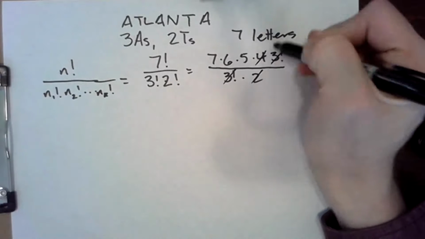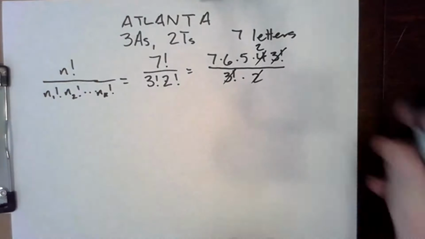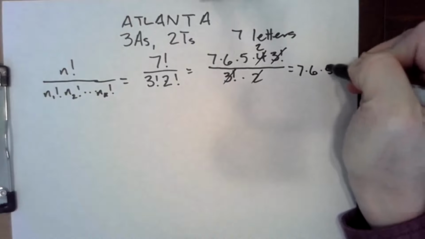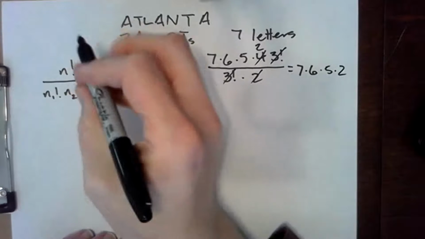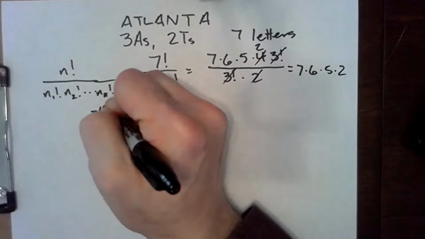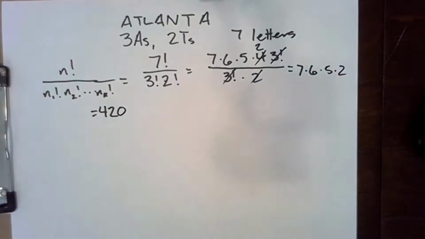I'll cancel one of those 2's in the 4, which gives me 7 times 6 times 5 times 2. Okay, well, 7 times 6 times 5, 6 times 5 is 30, times 7 is 210, times 2 is 420. So there are 420 ways to rearrange all 7 of the letters in the word Atlanta.